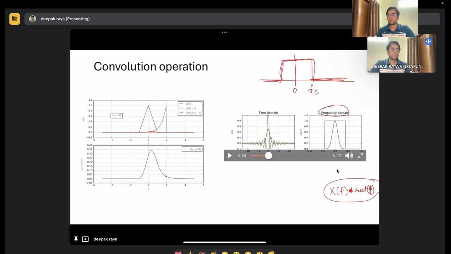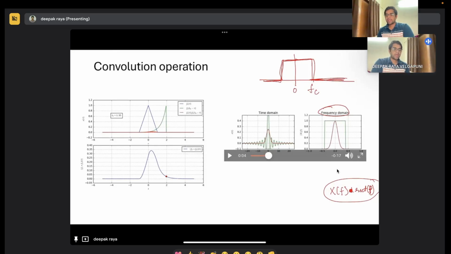So basically they are low pass filtering a Gaussian signal like this, which is shown here, a Gaussian in frequency domain, which is also a Gaussian in time domain. So right now you just remember a Gaussian remains Gaussian in time and frequency domain, just the axis differs because time and frequency are reciprocal to each other.